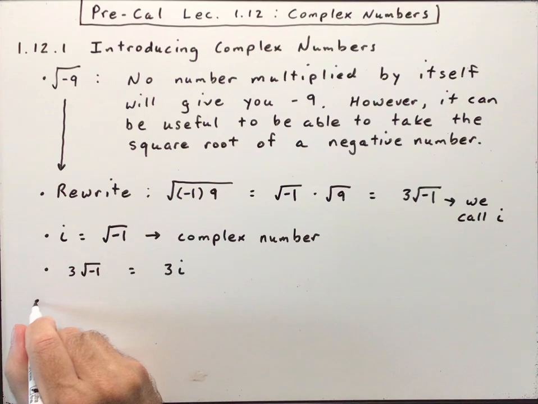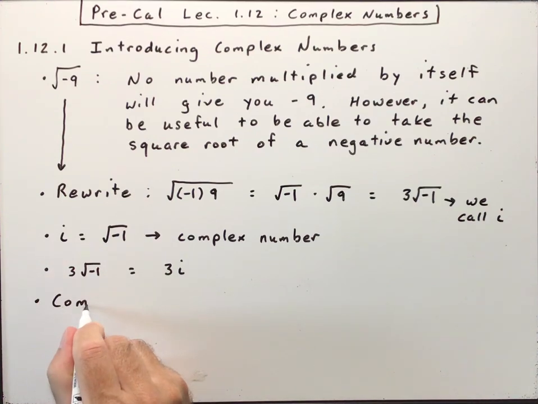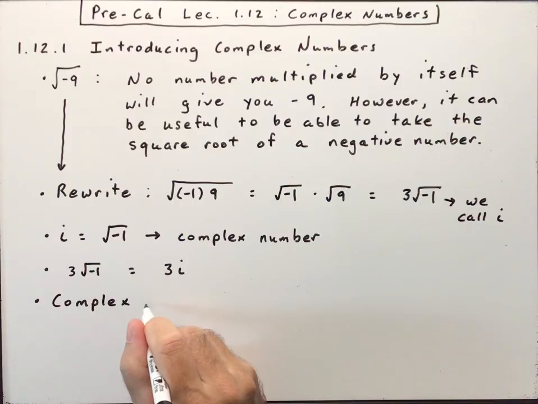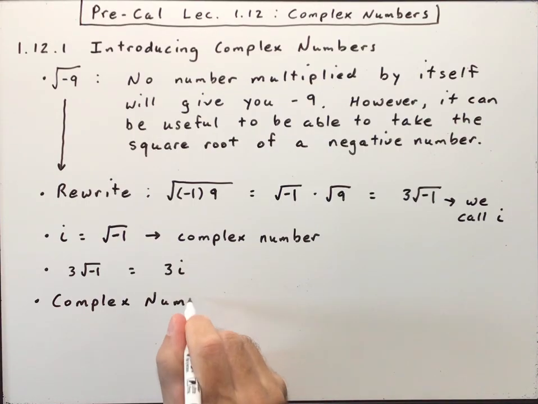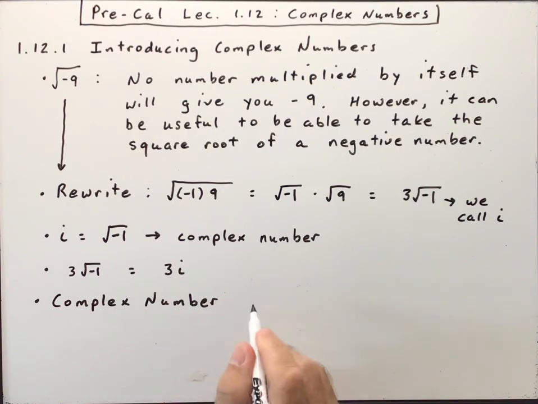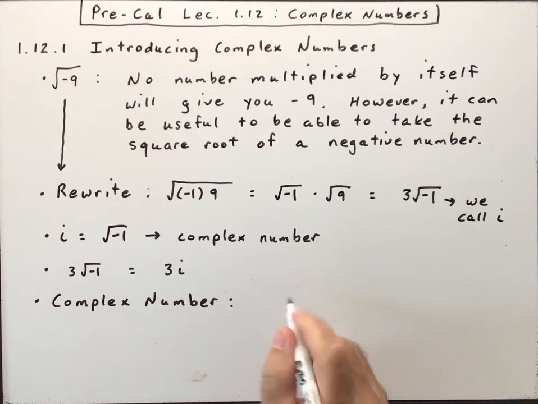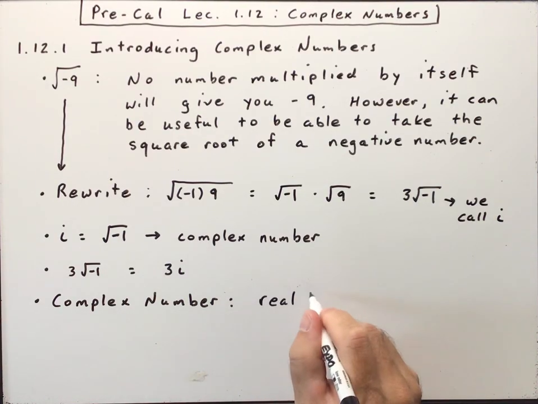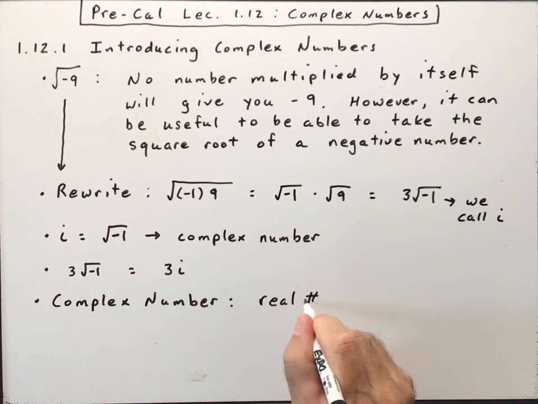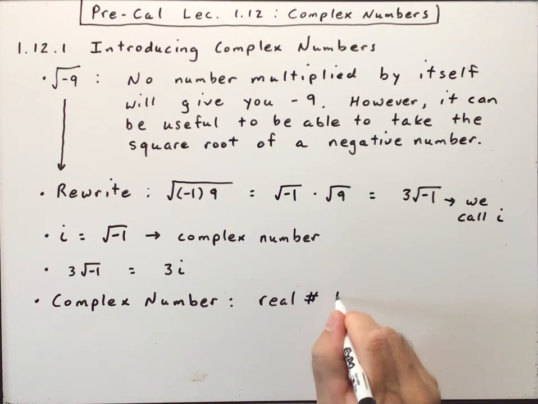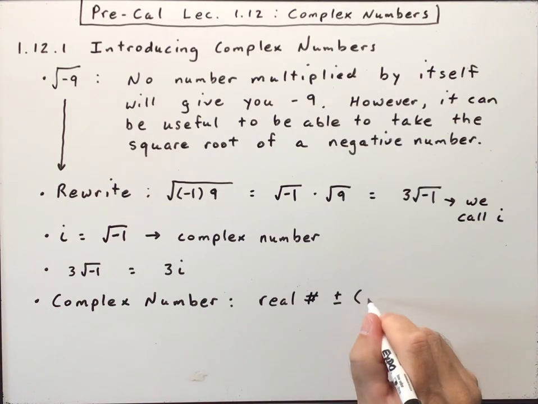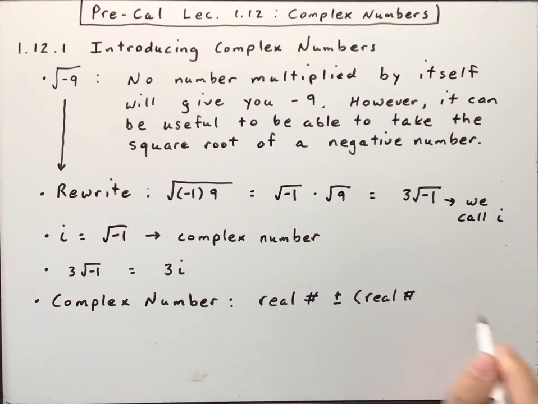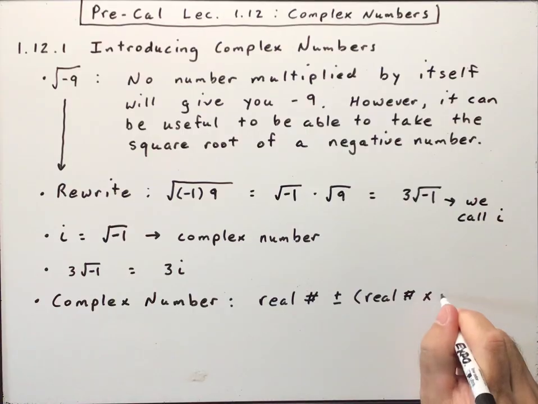So a complex number, the way that we write that is a real number plus or minus a real number times i.